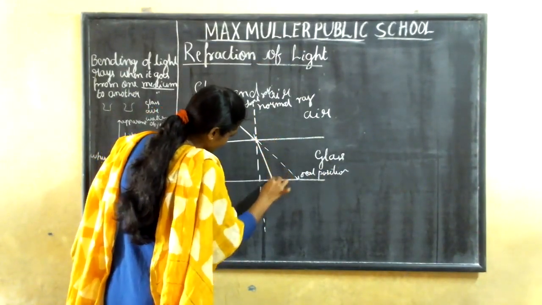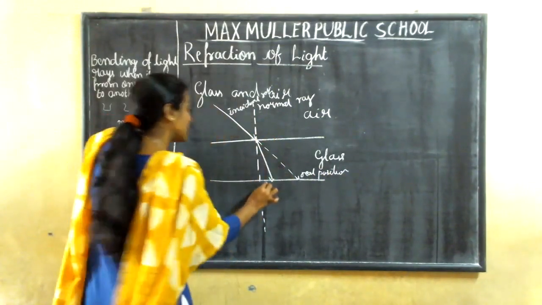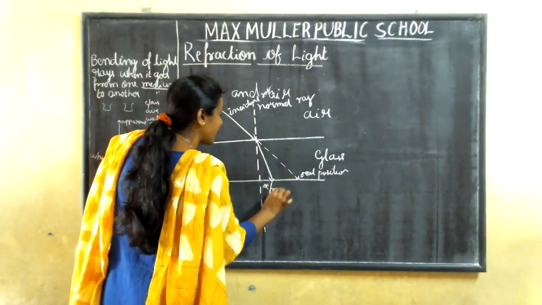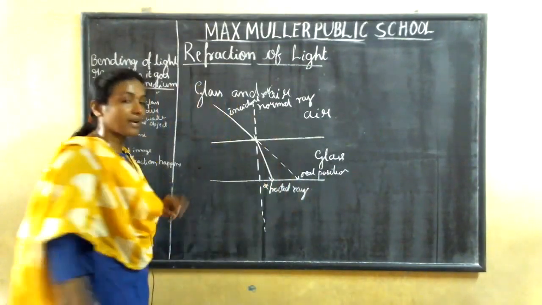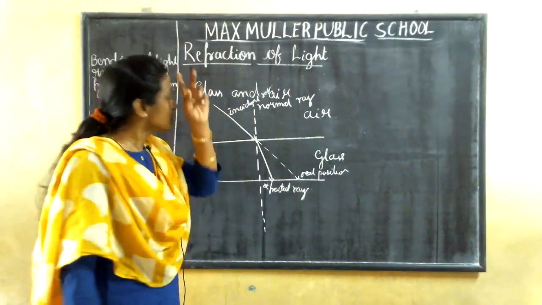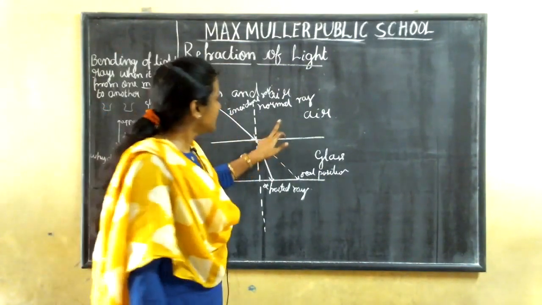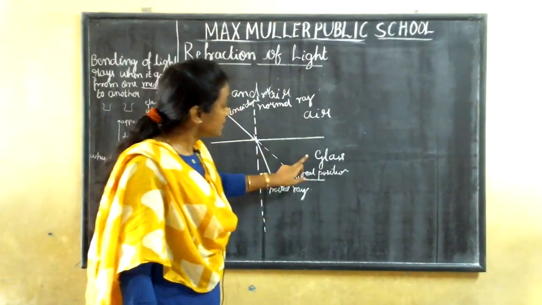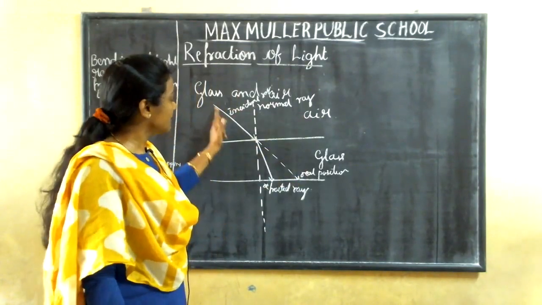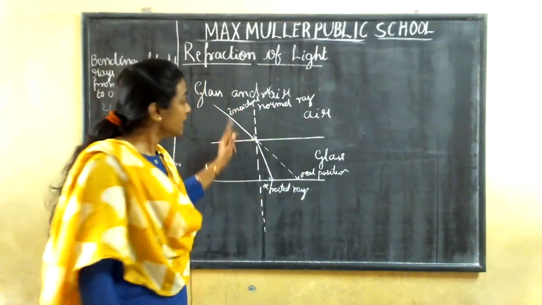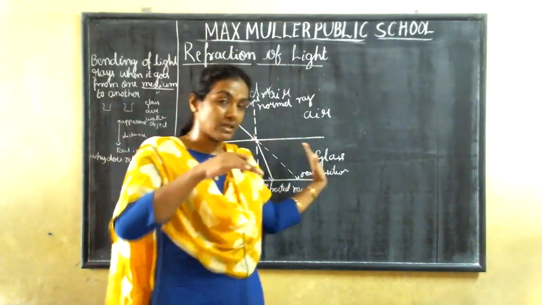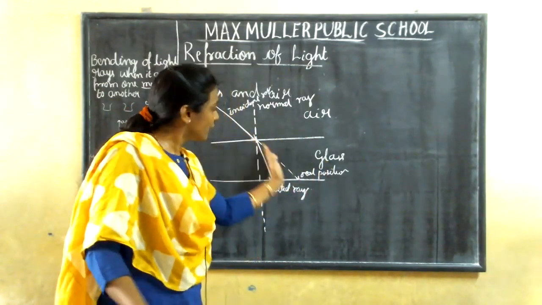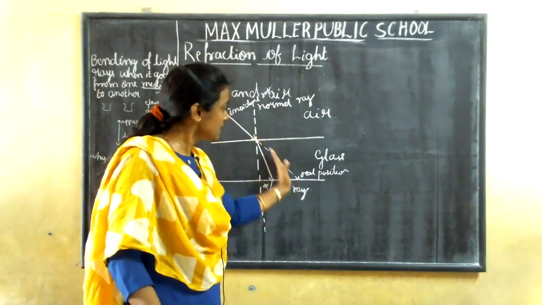It is going to bend. This is a refracted ray. So here this is the air medium, this is the glass medium, and this is the incident ray. If the incident ray goes straight, if it is not passing through any different medium, this is the real position of our ray.